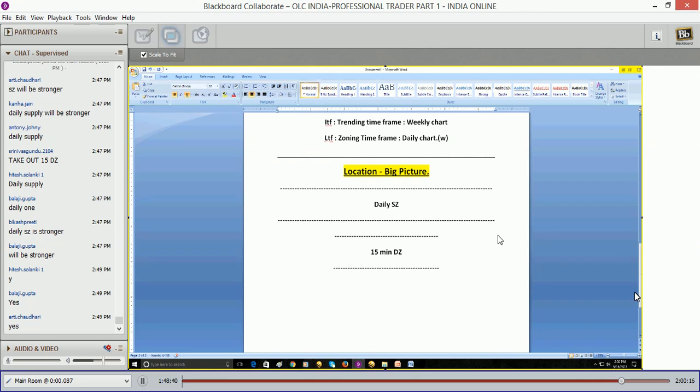Guys, are you following what I'm trying to say? I am repeating it, friends. It always becomes imperative to know where my larger time frame zones are while planning a trade, just so that we can keep a check.